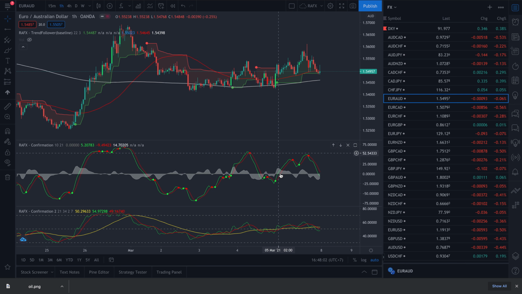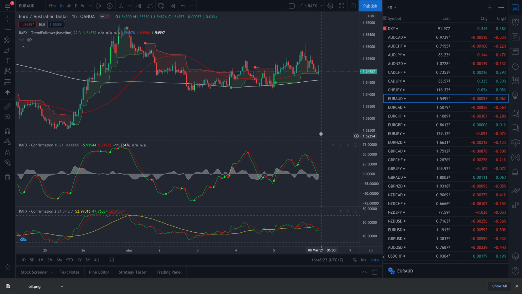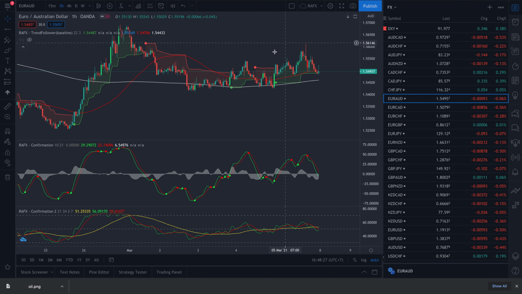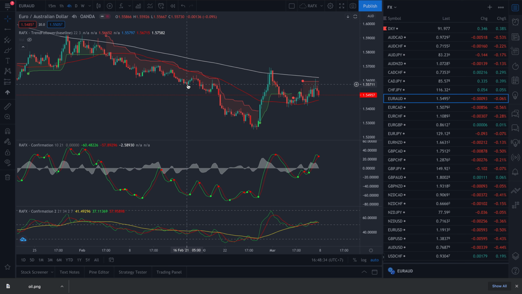It is confirmed by the confirmation 2, by this dot here, or the buy signal here, and also the confirmation 2 is in the buy zone. So this is a clear entry trigger for me. What I do next is I go up to the 4 hour to find my stop loss.